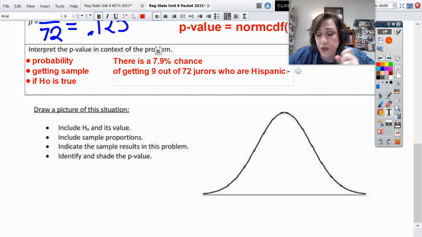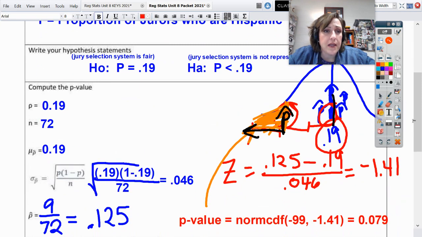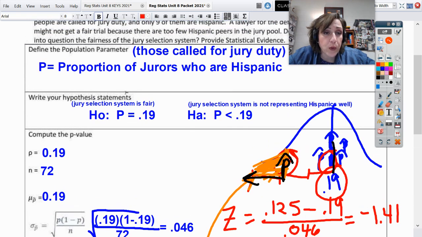if the null is true. So we could say if the proportion of jurors called to jury duty who are Hispanic is 19%. Because I could just say if the proportion of those called for jury duty who are Hispanic is 19%, that's basically if the null is true.